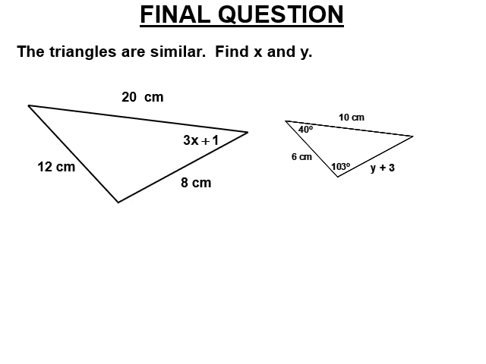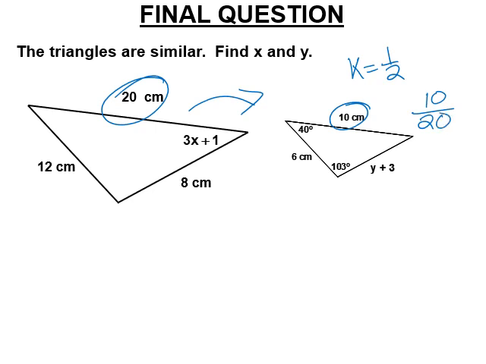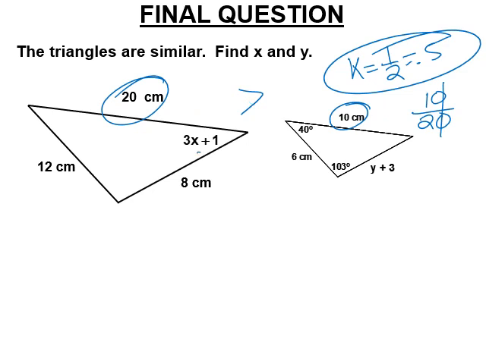Now the scale factor here is 1/2. You read these left to right, so it's 10 divided by 20, 1/2, or 0.5, you'd say the scale factor is. It's getting smaller. Now the angles have to be the same. So if that one's 3x plus 1, this one's 3x plus 1.